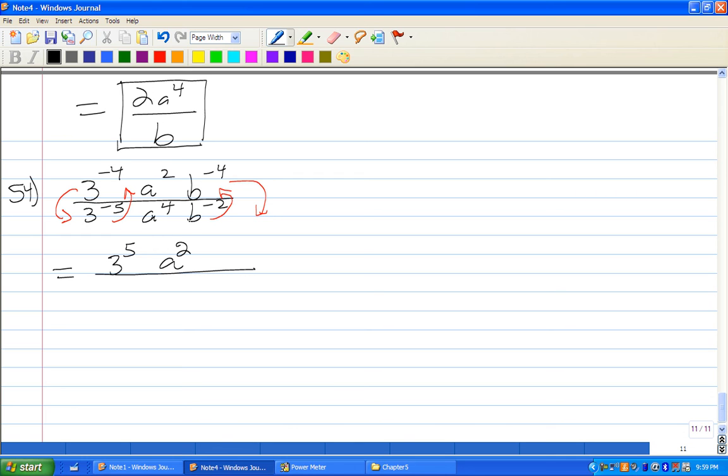I'm bringing the b to the power 2 up to the numerator. So the only thing remaining in the denominator is the a to the 4th. I bring the 3 to the negative 4 to the denominator, so that's 3 to the 4th. And I bring the b to the negative 4, b to the 4th, to the denominator.